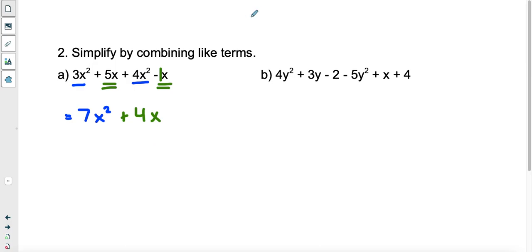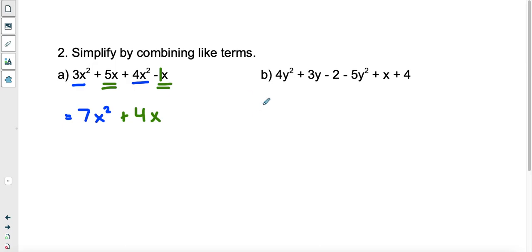Let's look at example B here. So here we have 4y squared plus 3y minus 2 minus 5y squared plus x plus 4. Again, if you want to simplify, we need to identify what are the like terms first.